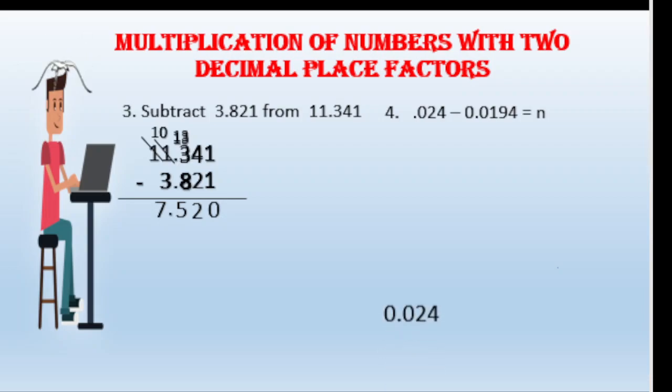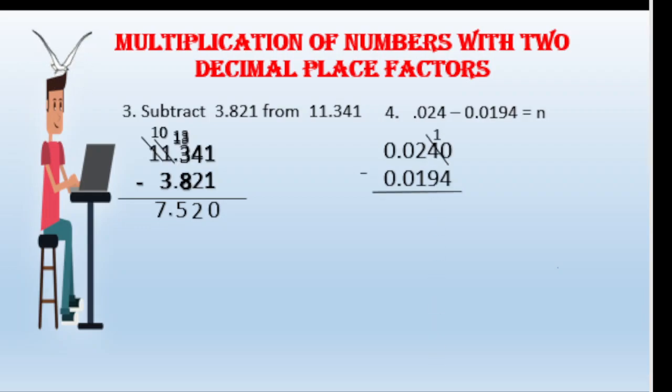Equals 0.024 minus 0.0194 equals, add 0, so you cannot subtract 4 from 0, so rename, so 10 minus 4 is equal to 6, and then 4 becomes 3, and then 9 cannot be subtracted from 3, borrow 10 from 2, and 2 will become 1, so 13 minus 9 is 4, so 1 minus 1 is 0, and then 0 minus 0 is 0.